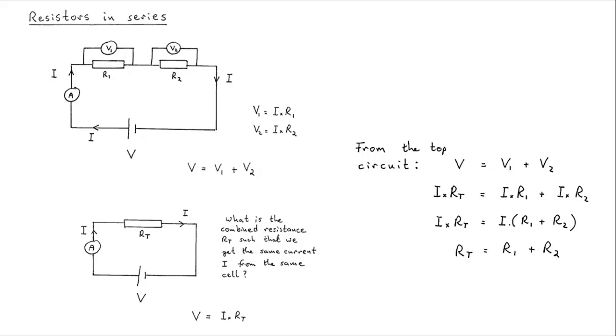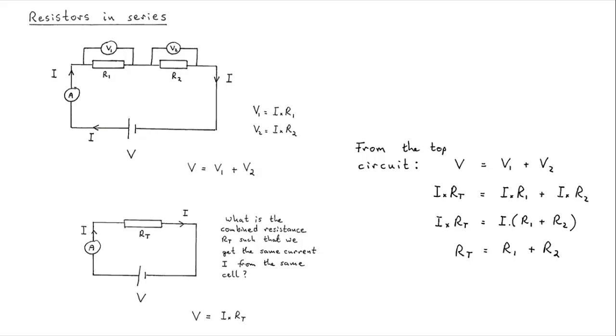Down below we've got another circuit, and we're asking ourselves, what is the combined resistance RT such that we get the same current I from the same cell as we did with the two resistors R1 and R2. So here, V equals I times RT. And on the right-hand side, again, we said V equals V1 plus V2. So I times RT equals I times R1 plus I times R2.